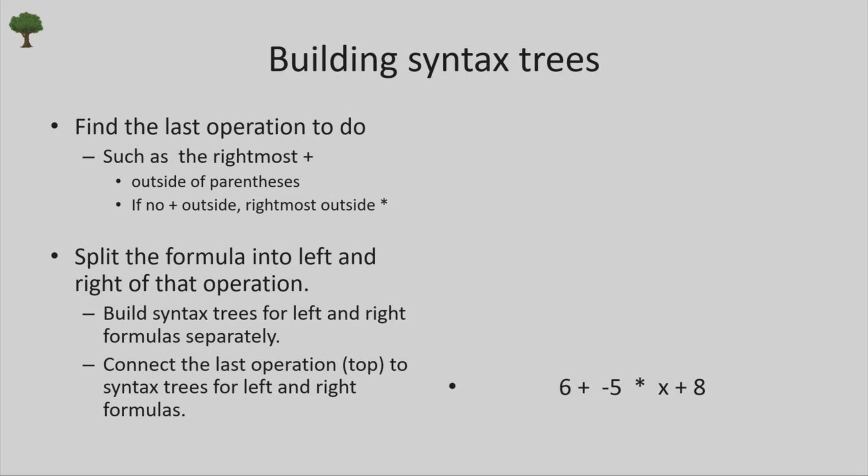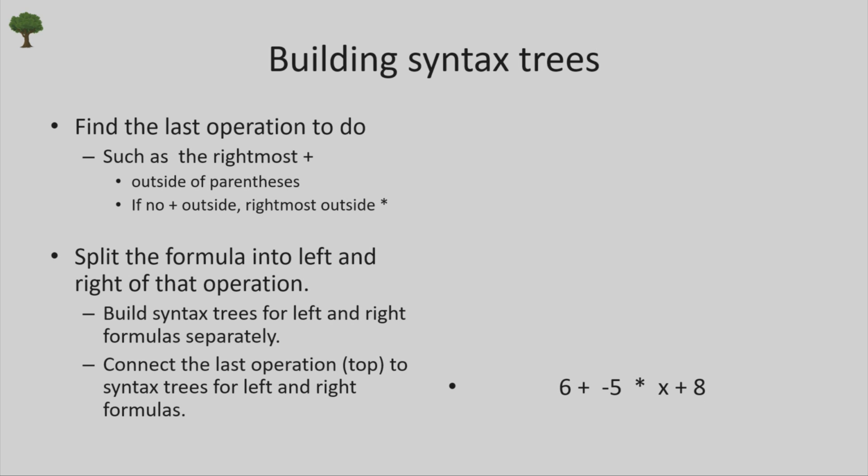So you may say, well, okay, we could use syntax trees to evaluate stuff, but how do we actually build them? In order to build a syntax tree, it's useful to look at a formula more or less globally. You look at the formula and say, what will be the very, very last thing that I will do?